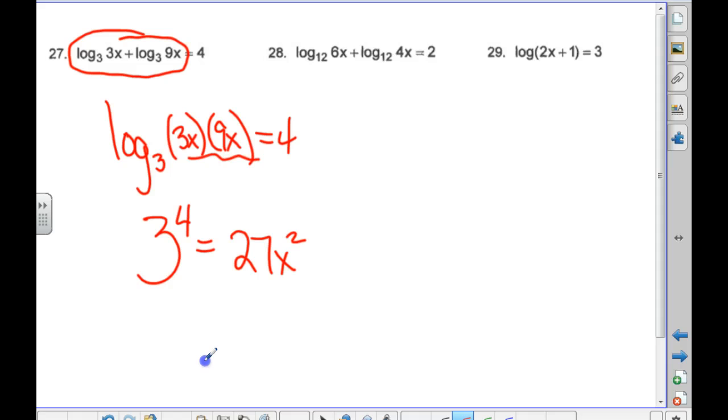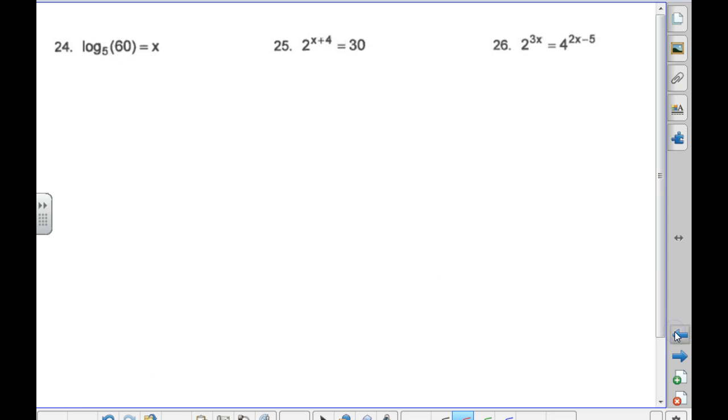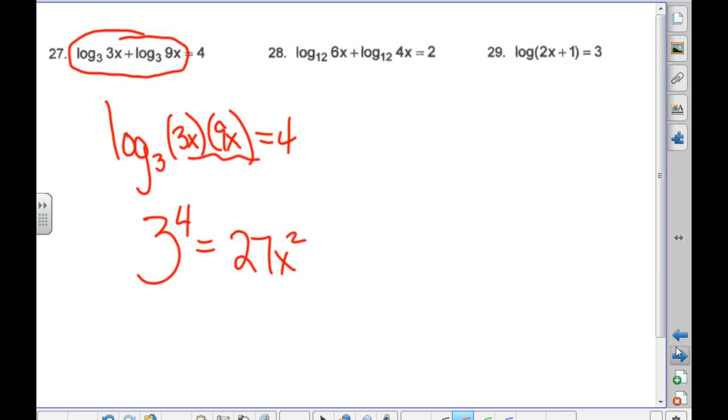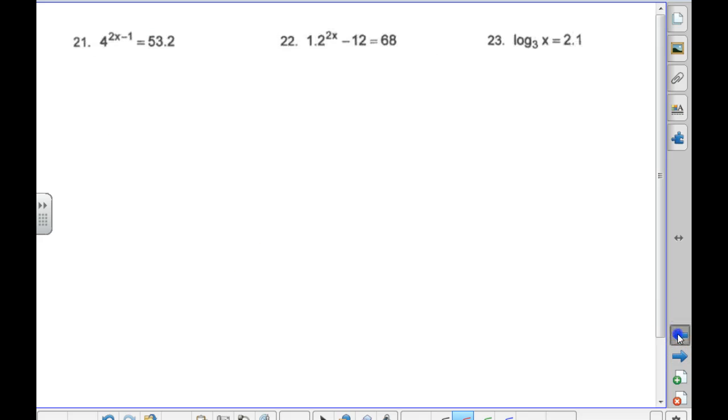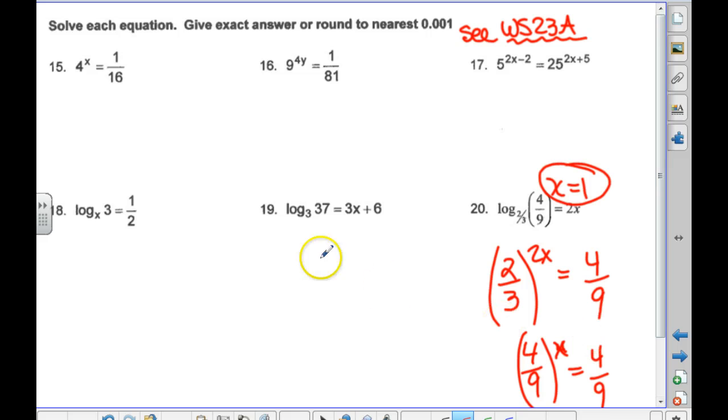Somebody else have a question on one? 19? Do you need me to leave that up for a second? Everybody get that? I'm thinking that I just typed this in, like change of base or use your log base thing, and then subtracted 6 and divided by 3.